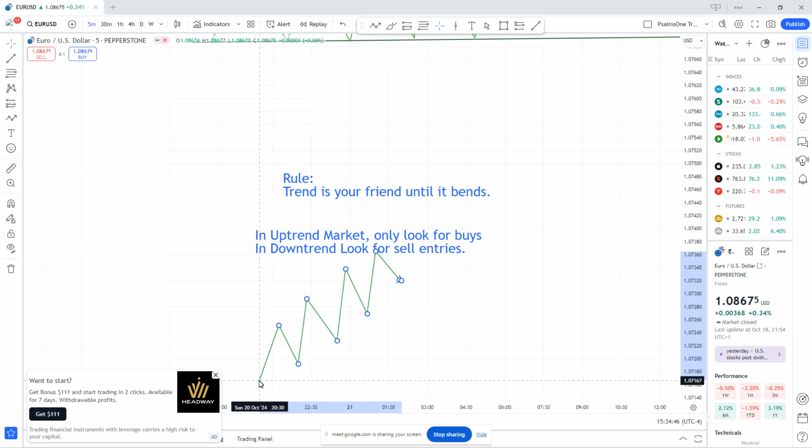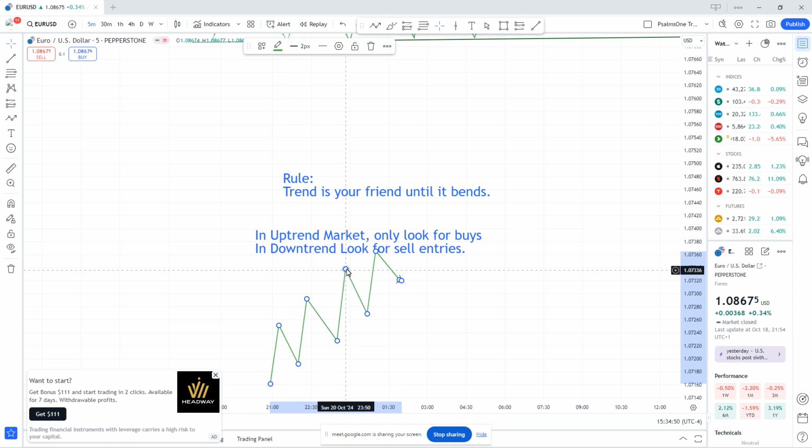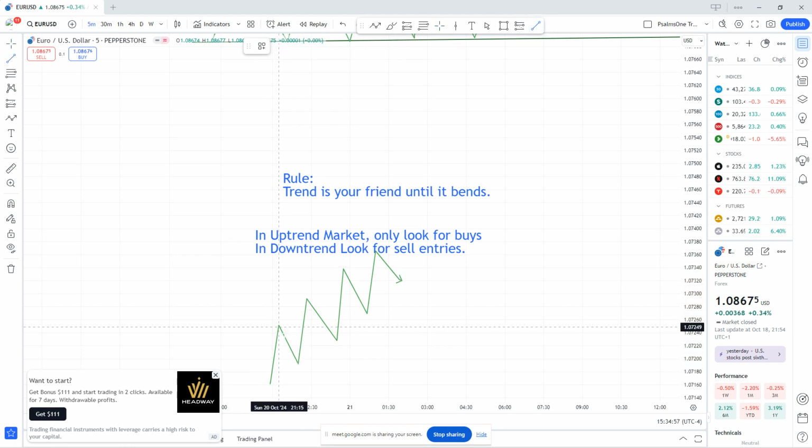Okay, so now just higher lows, higher highs, because this previous high was broken.